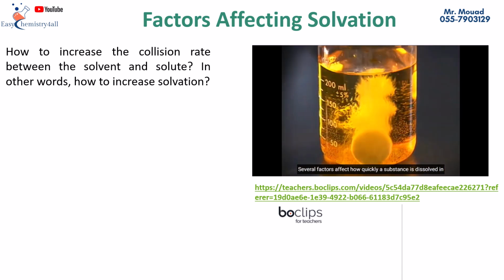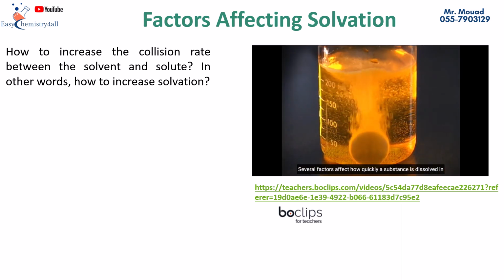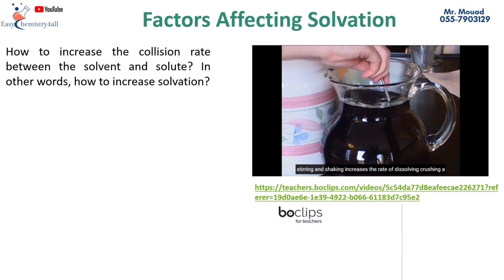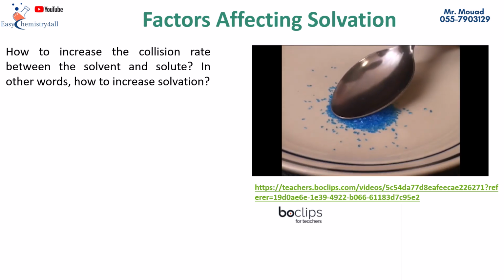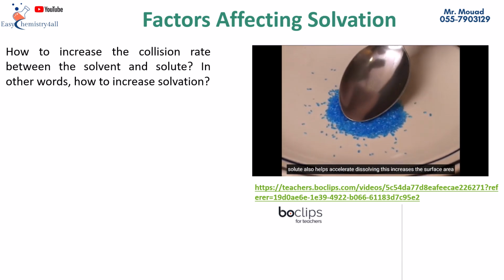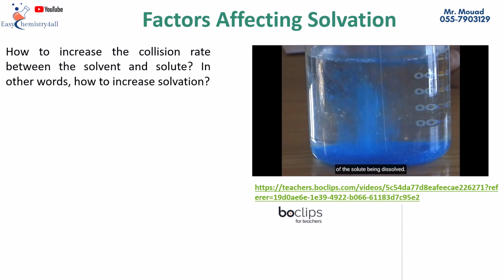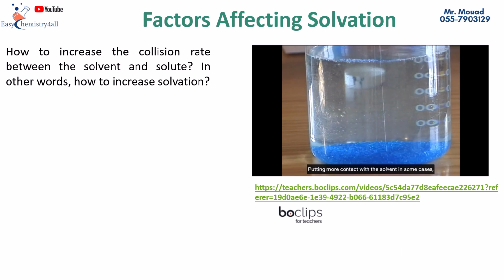Several factors affect how quickly a substance is dissolved in a liquid solvent. Perhaps you've noticed someone stirring sugar into a drink. Stirring and shaking increases the rate of dissolving. Crushing a solute also helps accelerate dissolving. This increases the surface area of the solute being dissolved, providing more contact with the solvent.